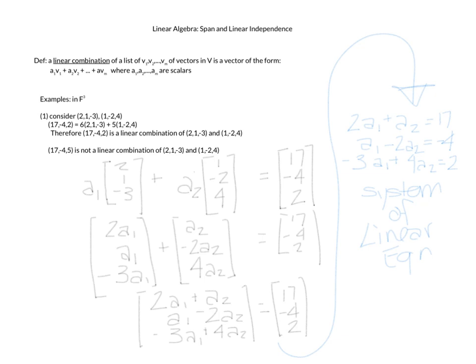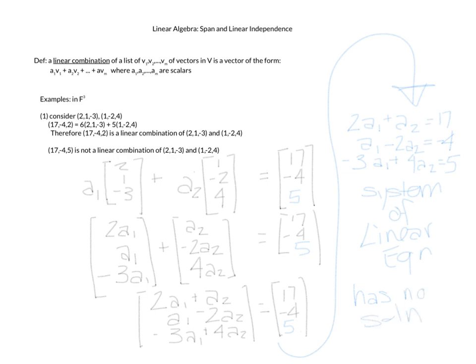Back to our original problem, where we're trying to get 17, negative 4, 2, this system does have a solution where a1 is equal to 6 and a2 is equal to 5, and you can put that into the system of linear equations and it will work. However, if you look at the equation where you're trying to get 17, negative 4, 5, there is no solution a1, a2, right? What we would say is that system of linear equations has no solution.